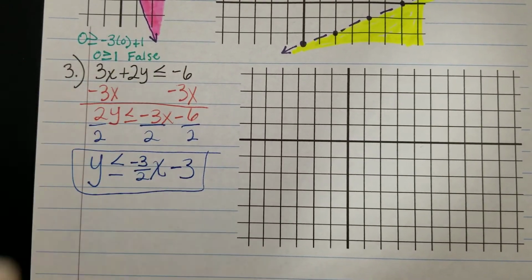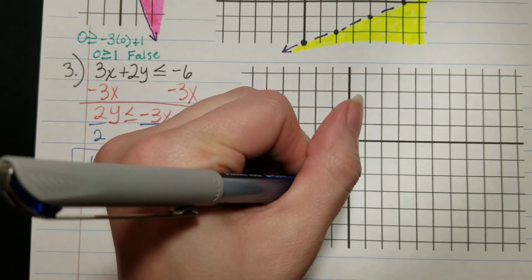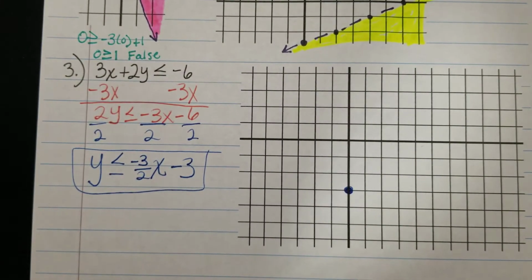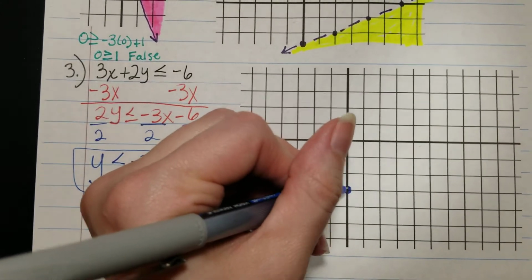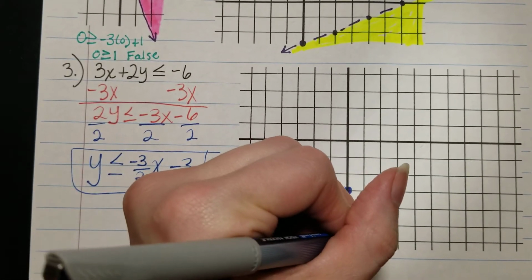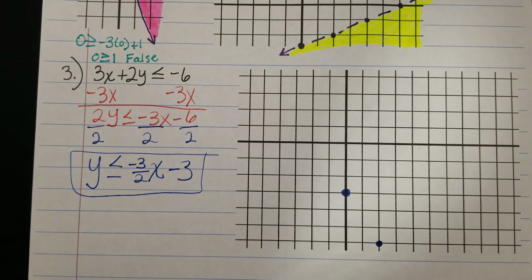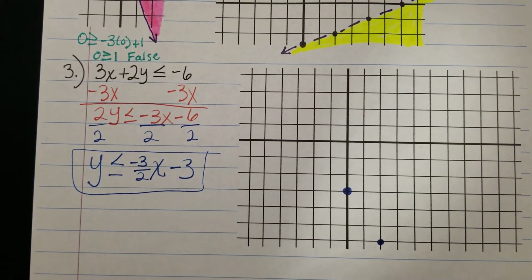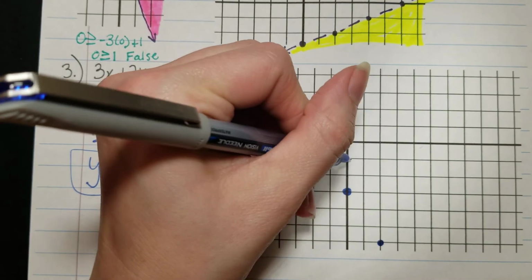So I can see that my y-intercept is at -3, and my slope is -3/2, so I'll go down 3/2 from there. I can also go up 3 and left 2.